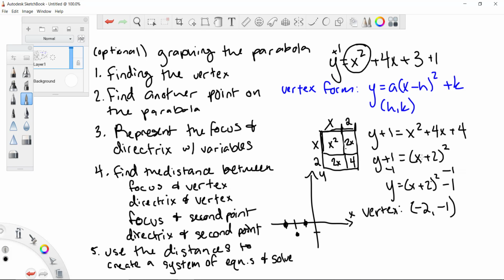That's like the default. If I change the value in front of my x squared, so if I had something like 3x squared, then when I go 1 to the right, I would go 3 up. So that's what that number tells you about the shape of the graph.